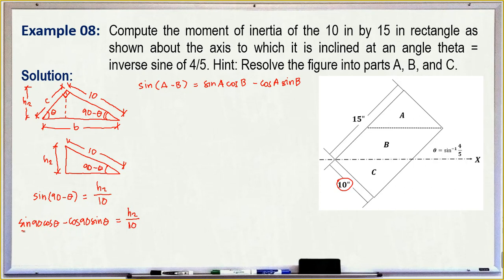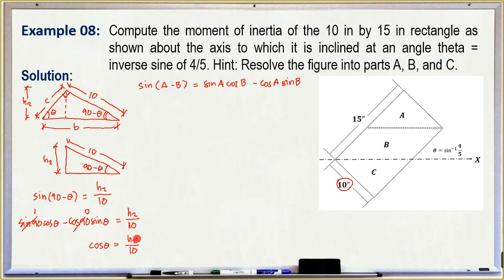So sine 90 is 1. So what's left on the first term is cosine theta. However, for cosine 90, this is 0. So the second term cancels. So we are only left with cosine of theta is equal to h2 all over 10.